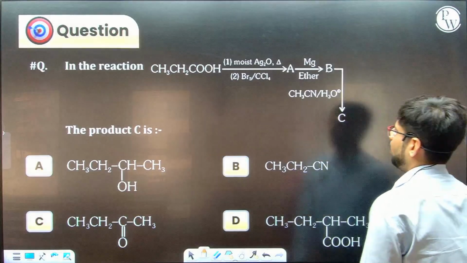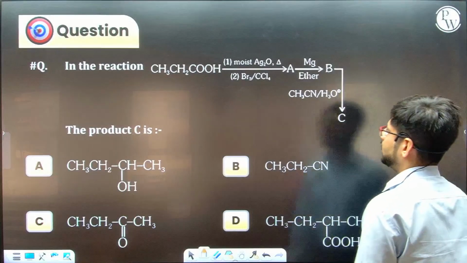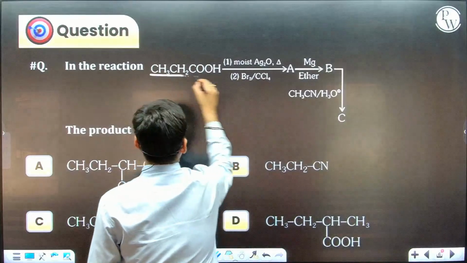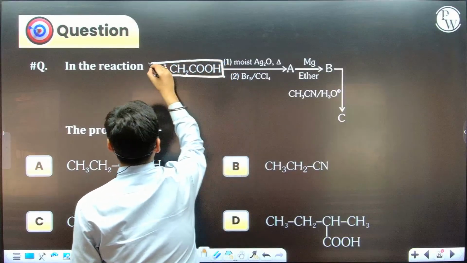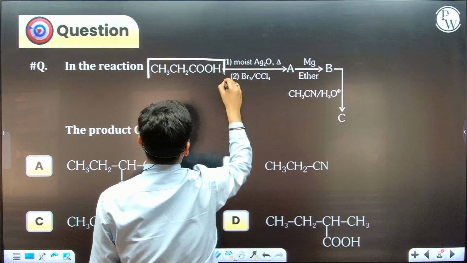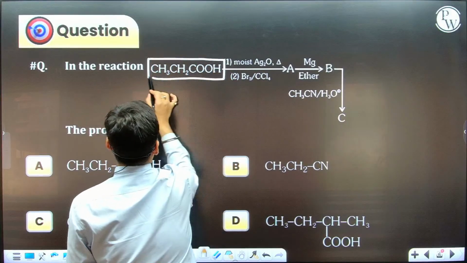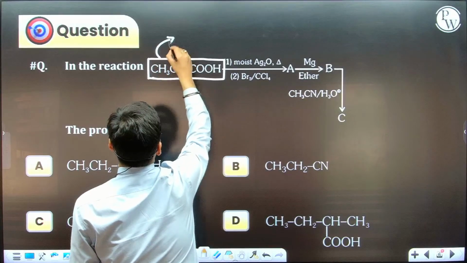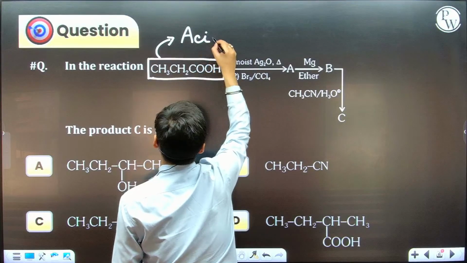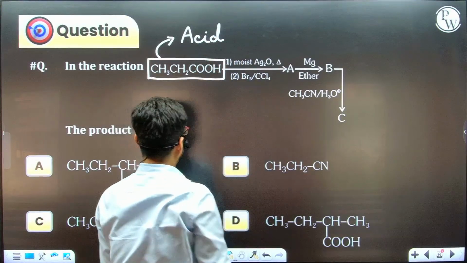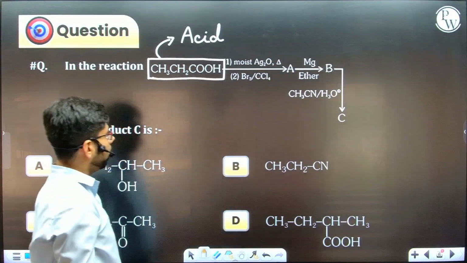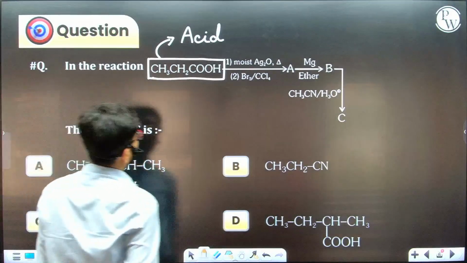Now, CH3CH2COOH is a carboxylic acid. Then this is treated with moist Ag2O.